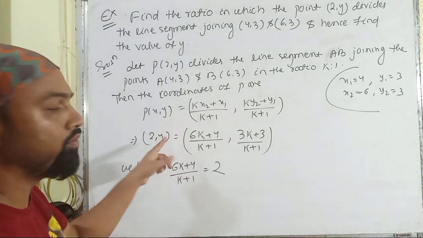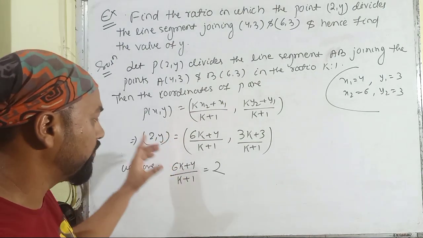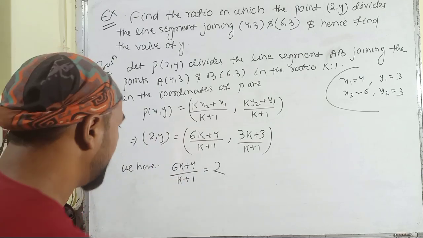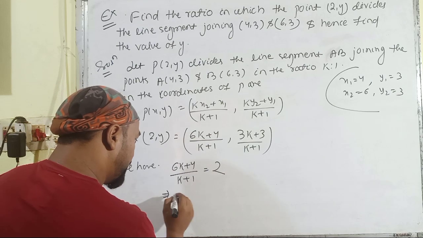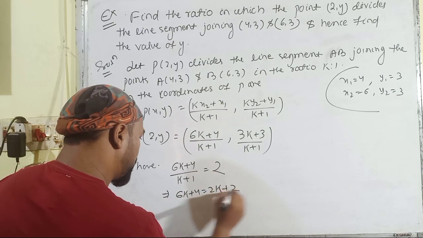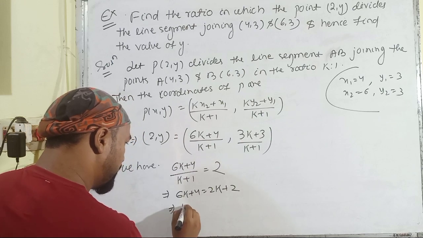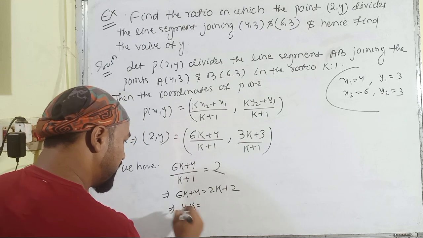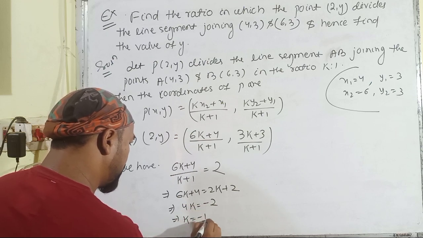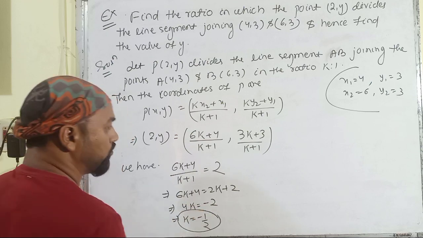We cannot evaluate y directly here. First of all we have to evaluate the ratio, that means the value of k here. Then it will be 6k plus 4 is equal to 2k plus 2, that implies 4k is equal to minus 2, that implies k is equal to minus 1 by 2.